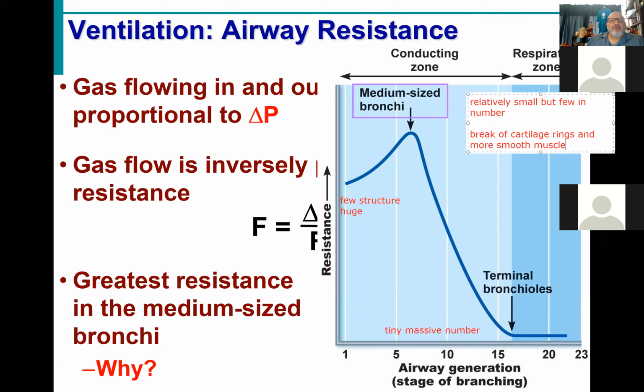You give them a shot of adrenaline, and that adrenaline dilates the airways, increasing the diameter, decreasing the resistance, and increasing the flow, hopefully keeping them alive. So it's in these mid-sized bronchi where we can have the greatest effect on the flow of air by affecting the size, by affecting the resistance.